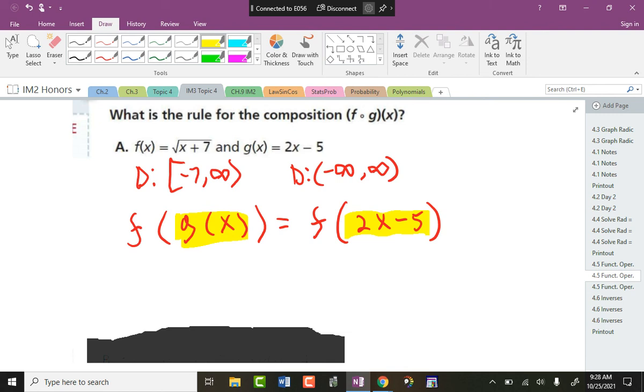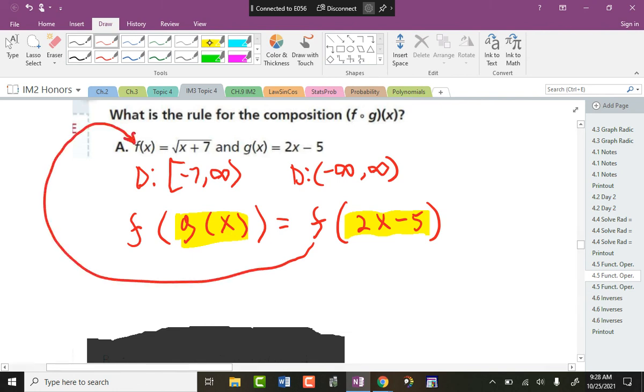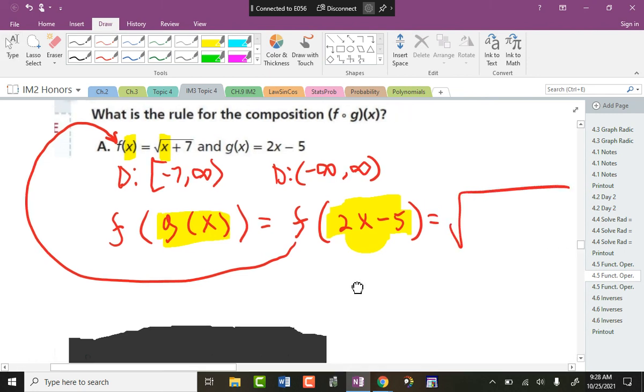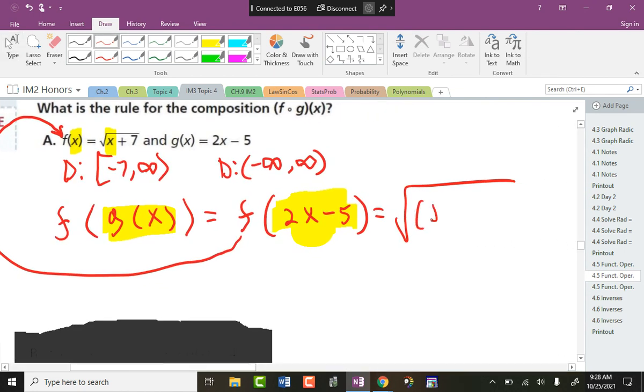I can keep with the highlighters, and I'll even draw lines. This f of thing just means go to this function, wherever there's an x, replace it with this. So the very next thing is square root of, not x plus 7, 2x minus 5 plus 7.